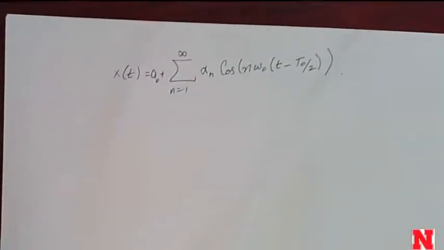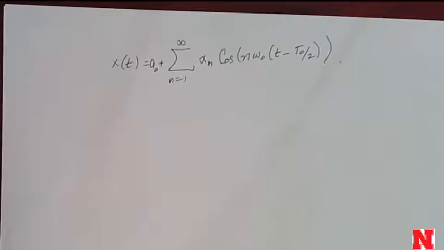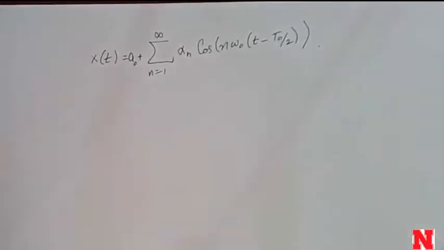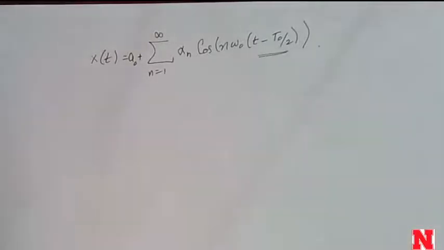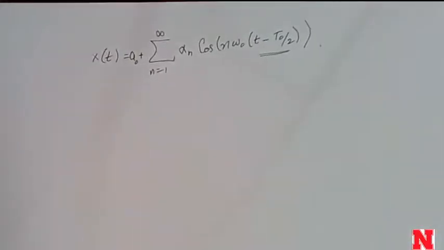When I shifted that square wave in the time domain, what I end up with in the frequency domain is a phase shift. So a delay in the time domain is a phase shift in the frequency domain. Whenever we talk about a phase shift, we're talking about a delay.